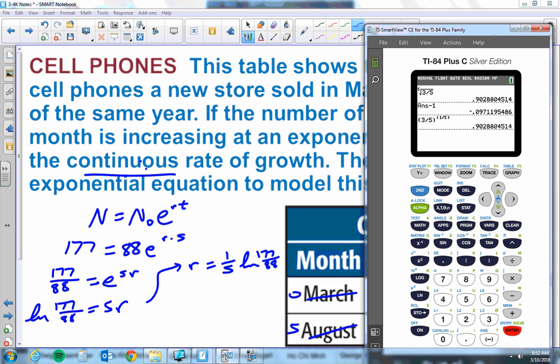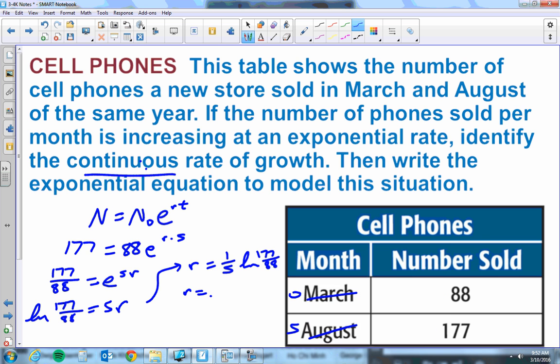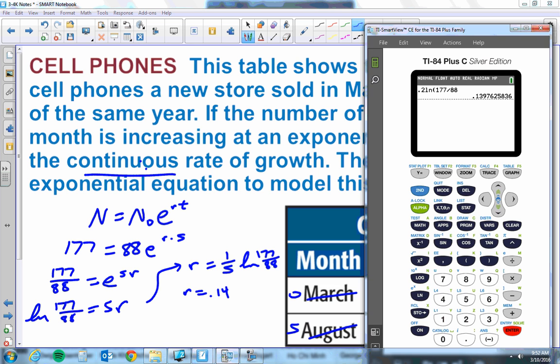And go and punch it in the calculator. See if I can avoid messing it up. And I got around 0.14 for R.